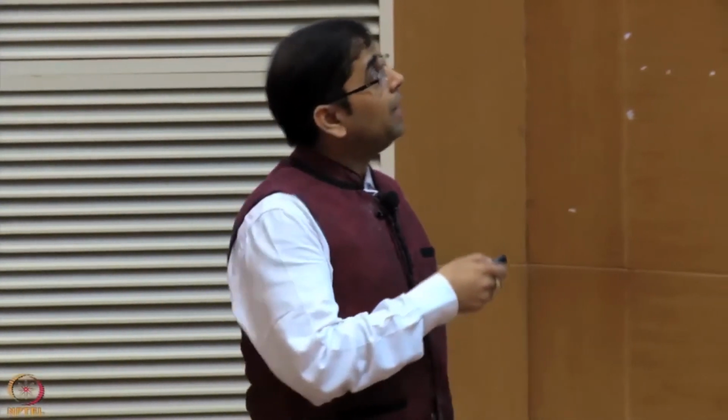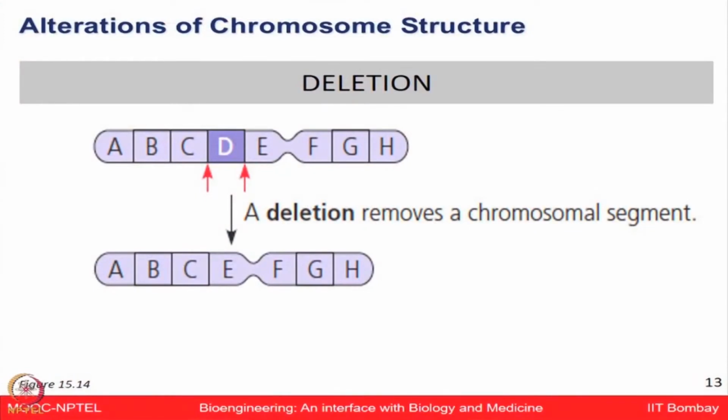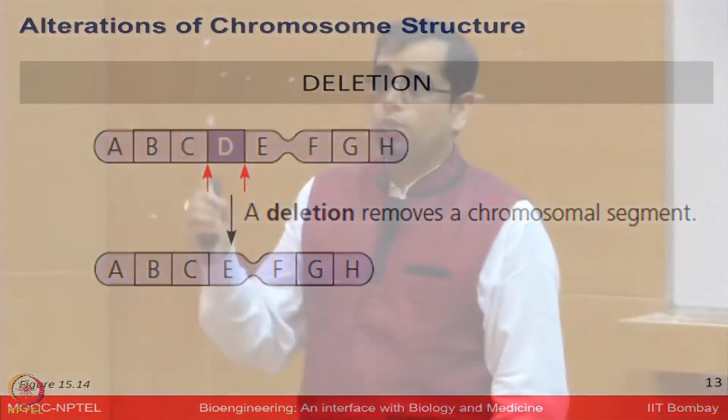It doesn't happen always or very often, but once in a while it happens. A small part of the chromosome may get deleted, and in this case, this D part is deleted. So this is known as deletion of the chromosome, and all the genes which are a part of that section of the chromosome are going to be absent.